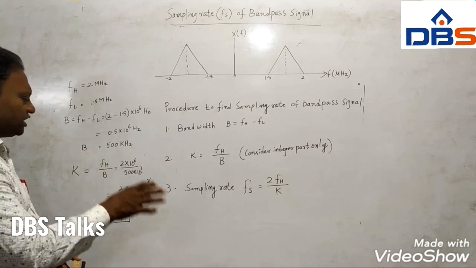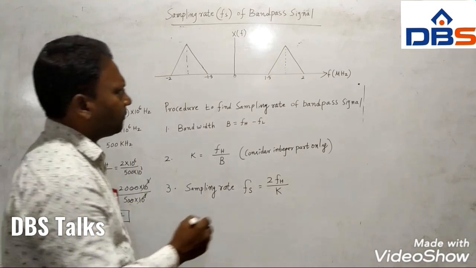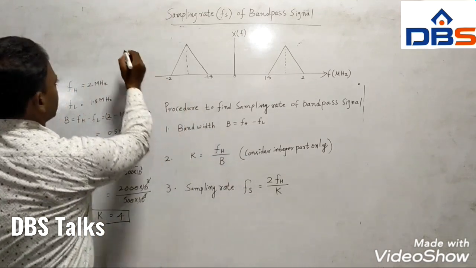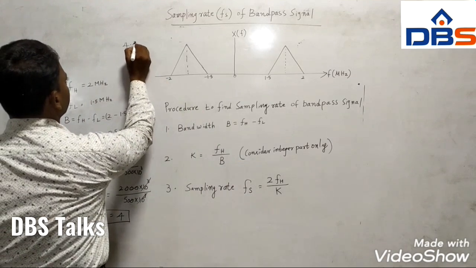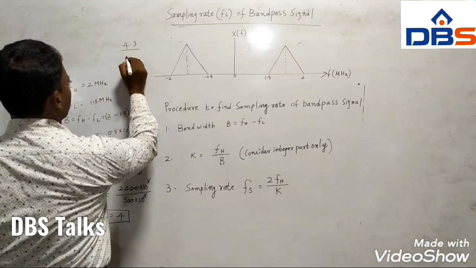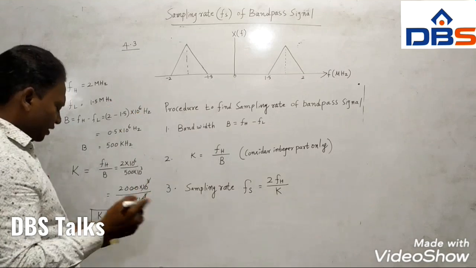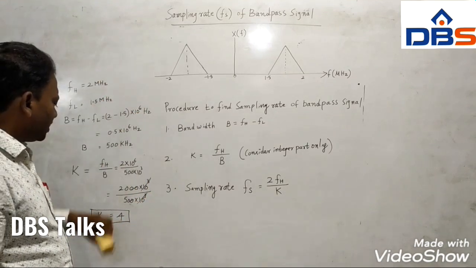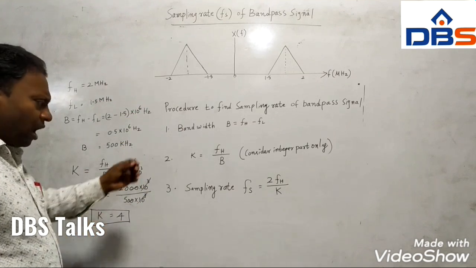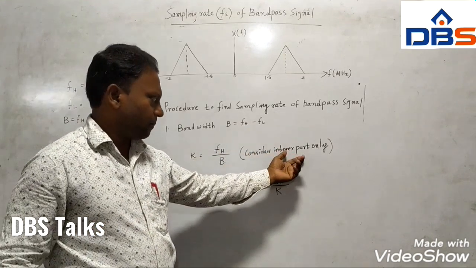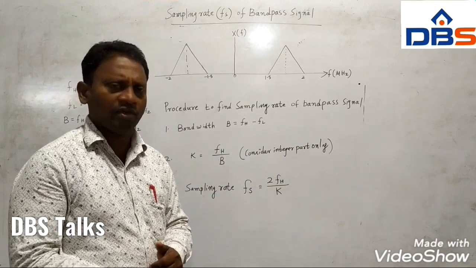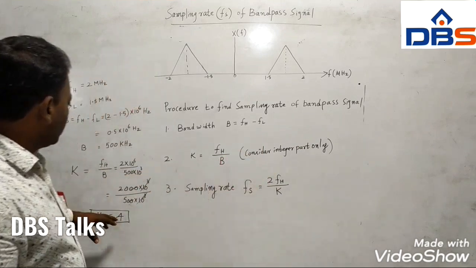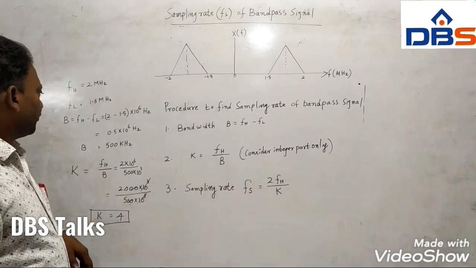In that case, if we get some 4.3, you have to consider 4. Suppose you get 5.1, you take 5. Like that we always consider the k value as an integer, the integer part only, and using that k you can calculate the sampling frequency.